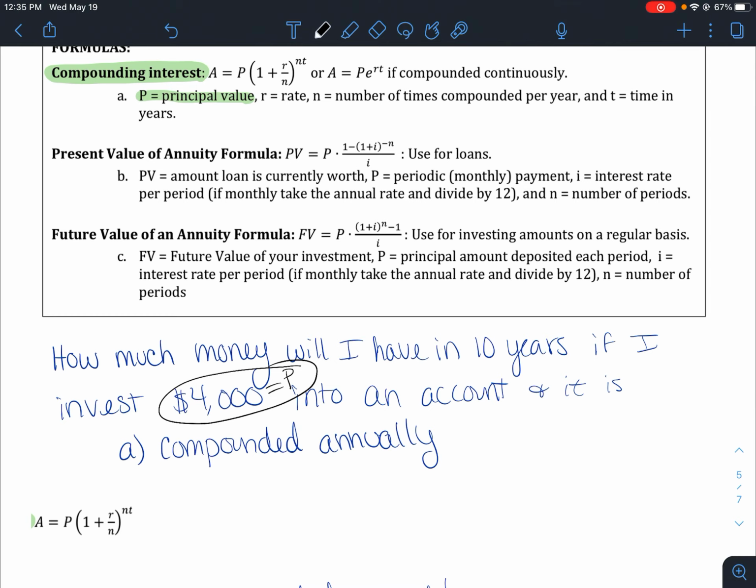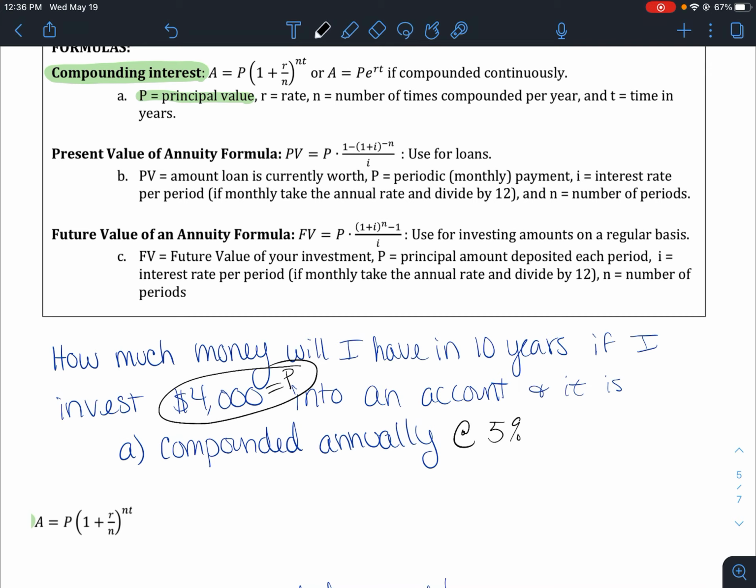R is the rate, so the interest rate, which I did not tell you here. So let's say we're getting an annual interest rate of, say, 5%. We'll just make it easy here, okay? And N is the number of times this interest is compounded or added on per year. In some accounts, the interest only gets added on at the end of the year.